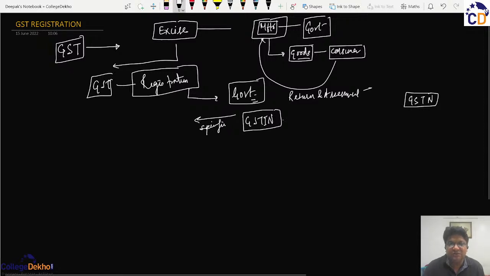Similarly, this GST number acts as a token of entitlement, so that the consumer who is paying such taxes comes to know that only a person with a valid GST number can collect the tax.